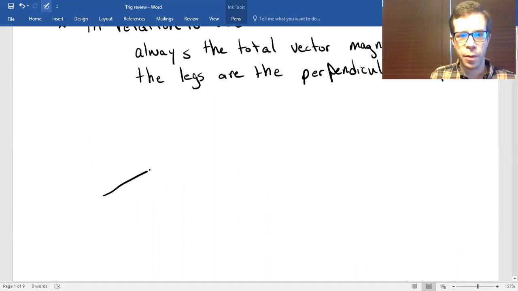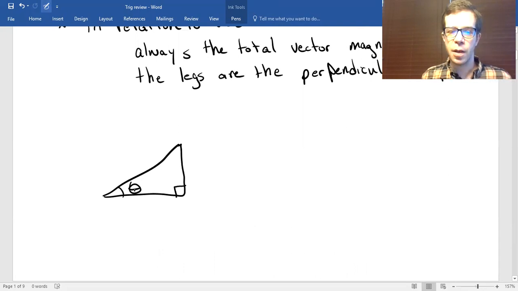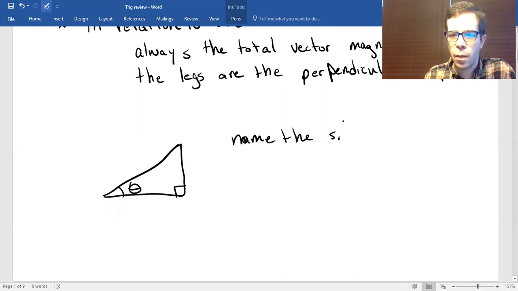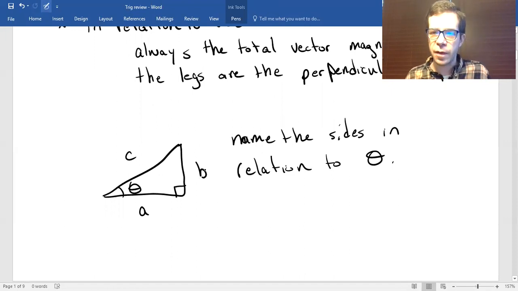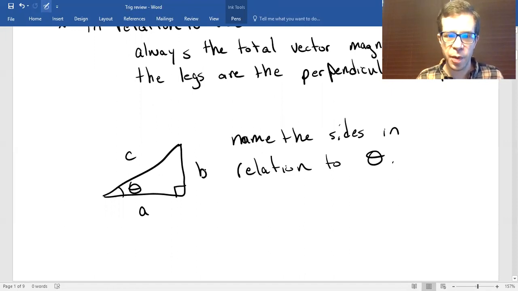Now we're going to use some new language. We're going to define this angle theta in this right triangle. And now we're going to talk about the sides in relation to theta. So we're all used to seeing our sides called A, B, and C if we've ever done anything with the Pythagorean theorem.